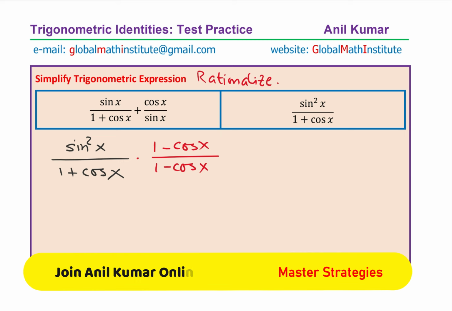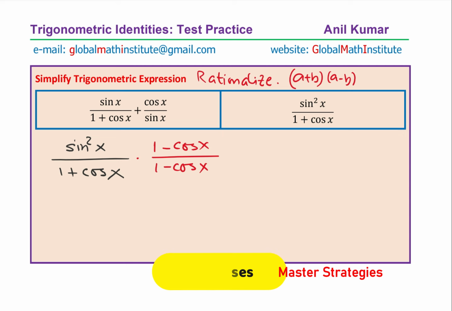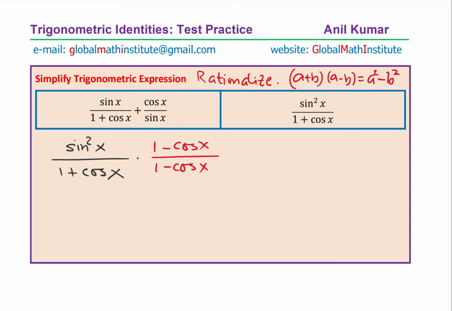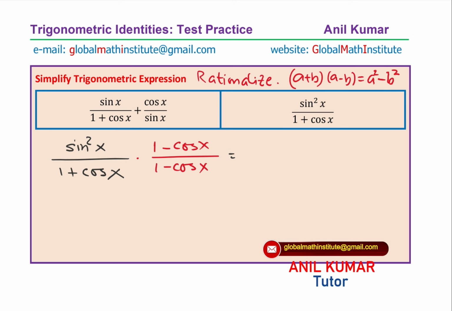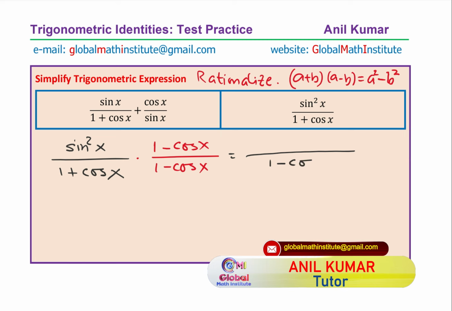Clear? Now, in this particular case, when you do this multiplication, what do you get? Well, as you know, a plus b times a minus b is equal to a square minus b square. So, in the denominator, we are going to get 1 minus cos square x.